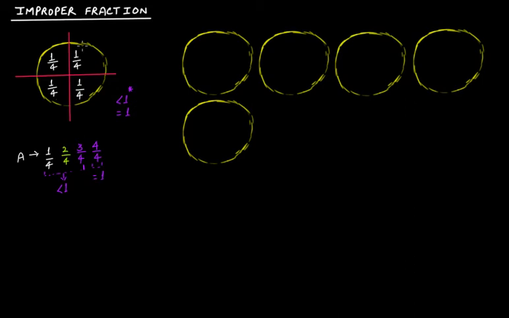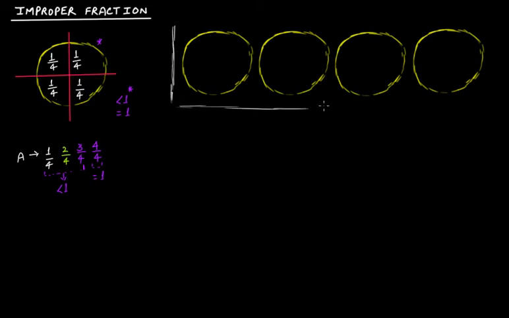In a similar fashion, if I take this pizza, and here we have 4 pizzas, let's make it 4 only, otherwise our discussion will get longer. Now if you remember, we said that your whole can be a single object like this one, or it can be a collection of objects. So in this case we assume that we have 4 pizzas, and now we are assuming them to be a whole, a single unit.